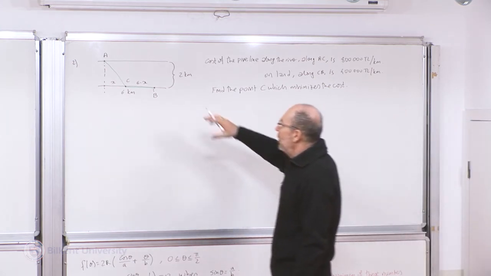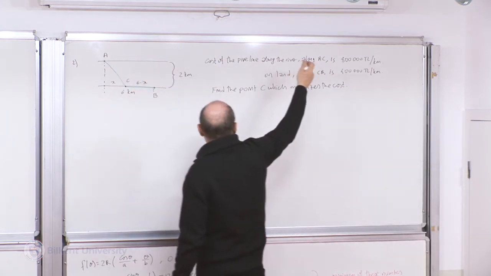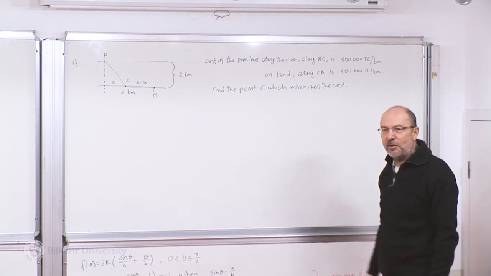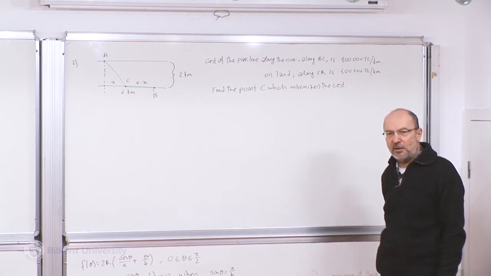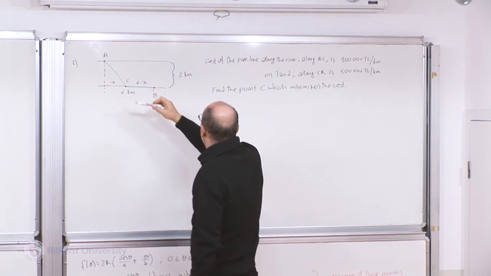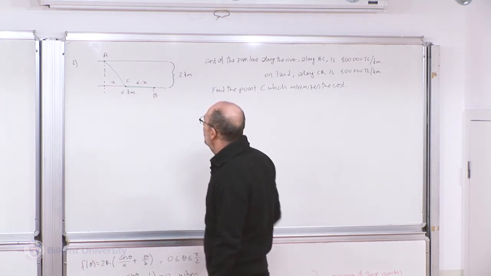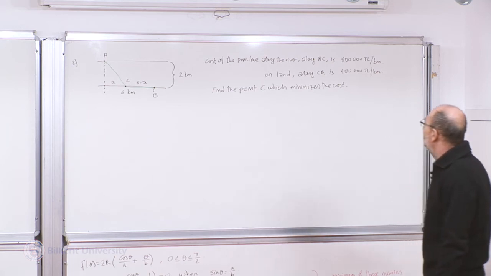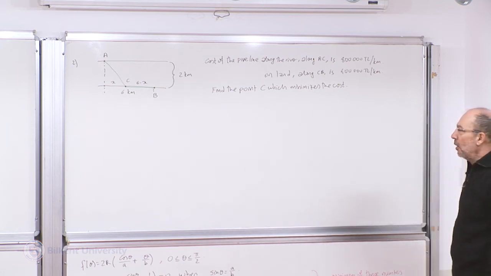We'll find this distance and multiply it by 8. We can say the cost will be expressed in 100,000s. So this distance will be multiplied by 8, then this distance, 6 minus x, will be multiplied by 4. The problem will make sense when x is between 0 and 6, otherwise it will be redundant.